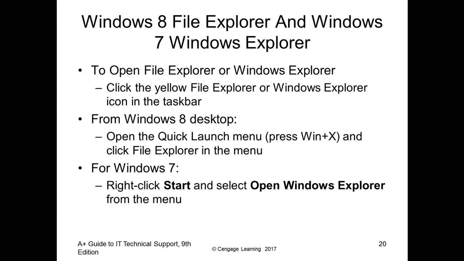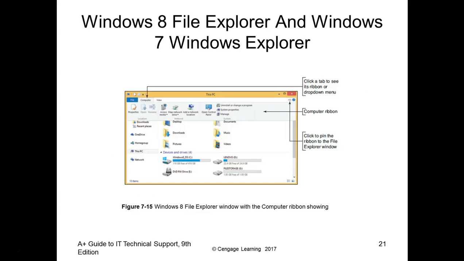For instance, if I were to follow this format here by right-clicking on Start and selecting Open Windows Explorer, then you're going to be brought into your user account. Whereas if I press Windows E on the keyboard, it's going to open me up to the My Computer location. So that does make a little bit of a difference. It makes it a little bit easier on getting somewhere.